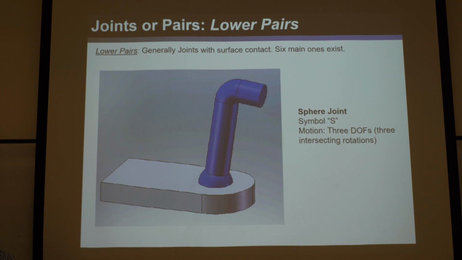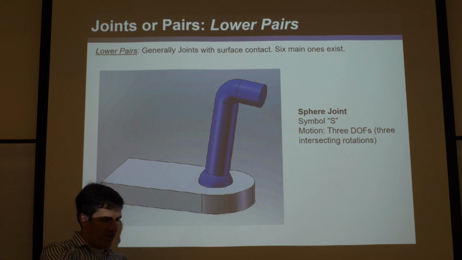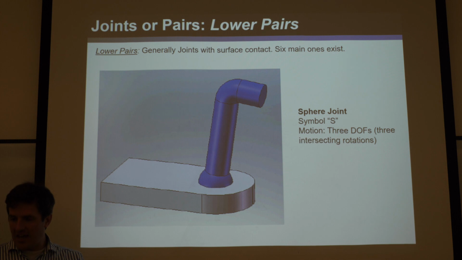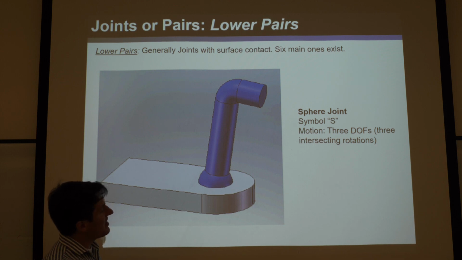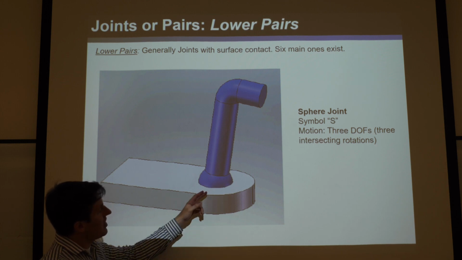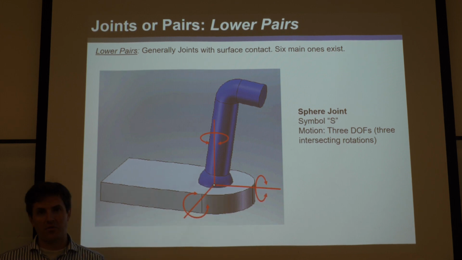All right, so here's another one. This is a sphere joint, called a sphere joint or S joint because it's basically a sphere in a cup. This is also obviously a lower pair because that sphere has direct surface area contact with the entire cup, and it has 3 intersecting rotations, so it achieves 3 degrees of freedom.